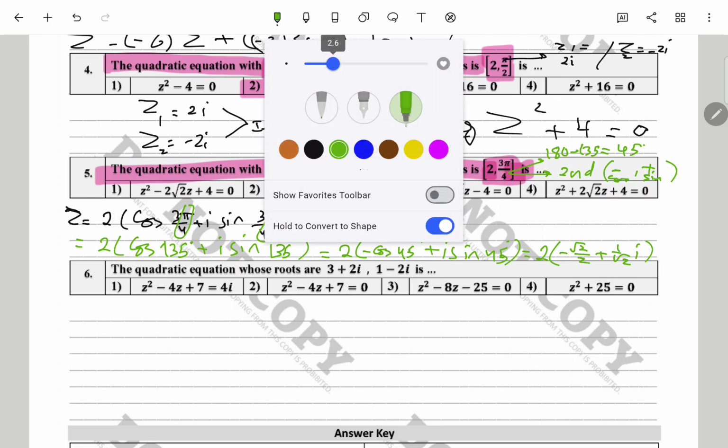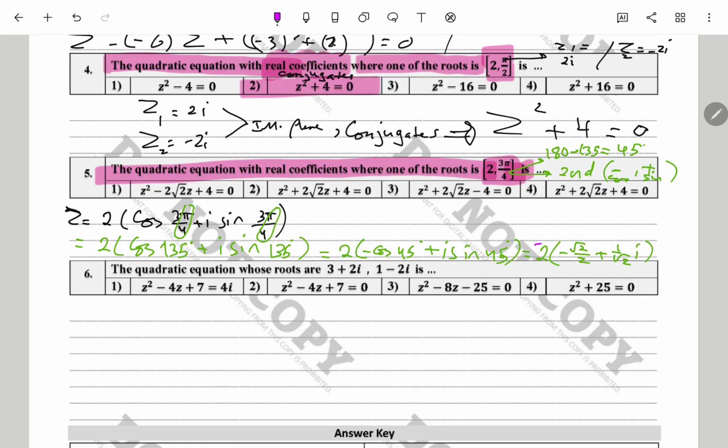Then you can let this 2 get in and cancel it with the 2 inside, and you get negative root 2 plus root 2 i. That will be easier for you if you want to deal with this complex number in algebraic form.